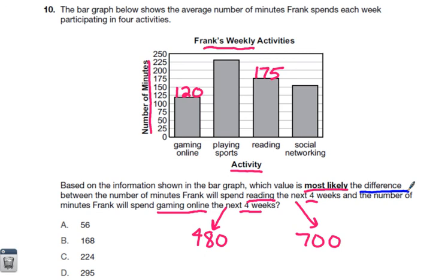What was I even thinking? 700 minus 480. Yeah, that's going to be 220, you moron. So the difference is I got 220. So obviously the best answer from the choices is 224.